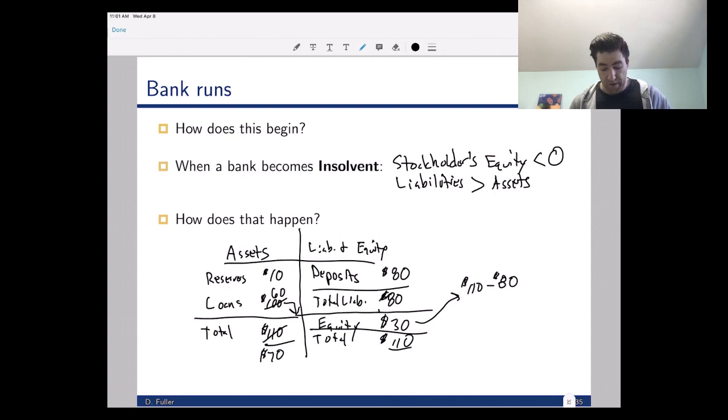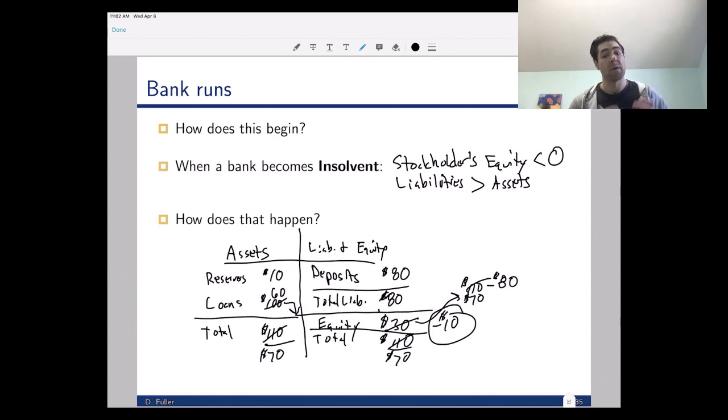Now my stockholders' equity has become negative, minus $10 million. It's not $110 million minus 80, it's $70 million minus 80. At this point, the bank is now insolvent. They owe more to customers in deposits than they have available in assets.